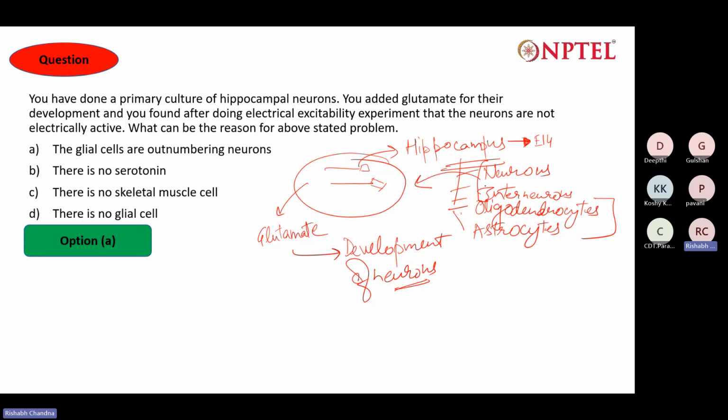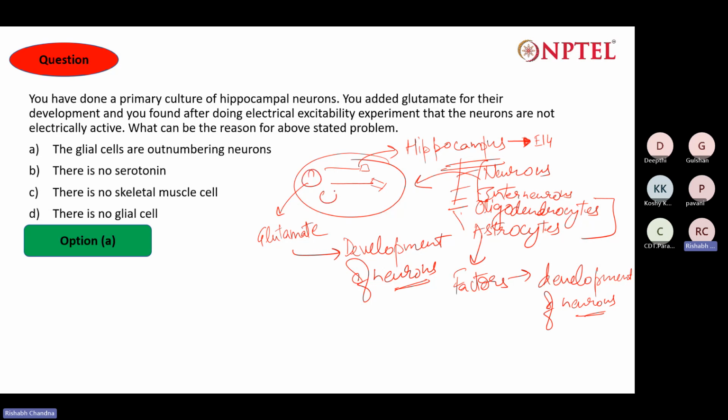And why do we need glial cells also in the culture? Because they secrete certain factors that help in the development of neurons. Okay. But the major problem arises when there are more glial cells in the neuronal culture.